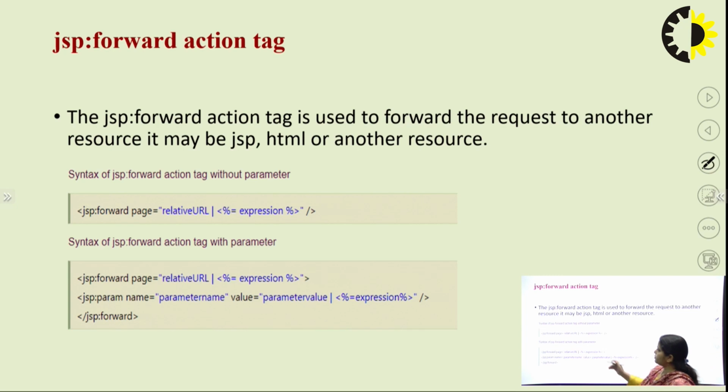The syntax of the forward action tag without parameter is this, and if you are using parameters, then you have to use the param tag and write the name and value of the param.